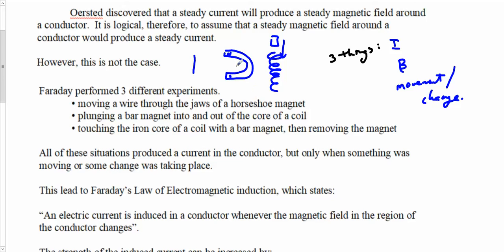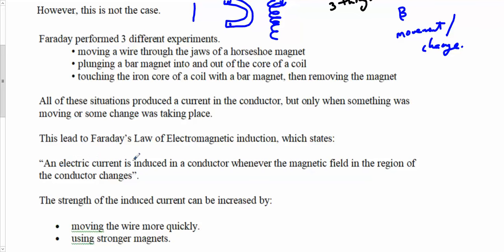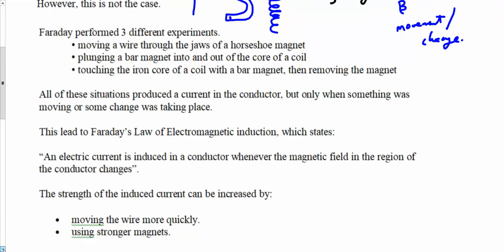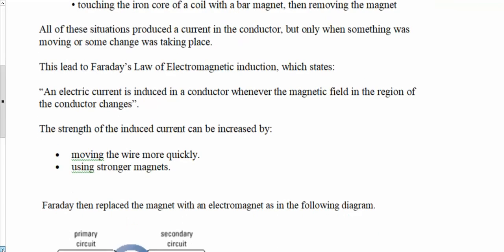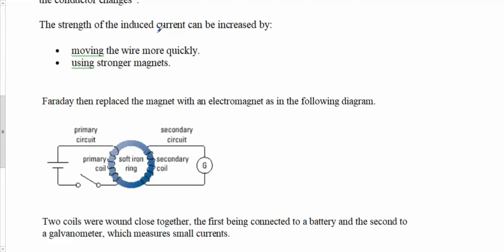As soon as everything became steady and constant, current immediately stopped flowing. This was turned into Faraday's law of electromagnetic induction. An electric current is induced in a conductor whenever the magnetic field in the region of the conductor changes. So I need this magnetic field to change. I can get more current if I move the wires more quickly or if I use stronger magnets.